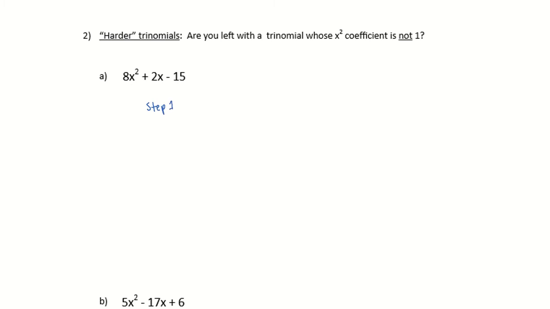All right, so the process with this is, step one, we want to multiply the first coefficient times the last number. So 8 times negative 15 is negative 120. Okay?